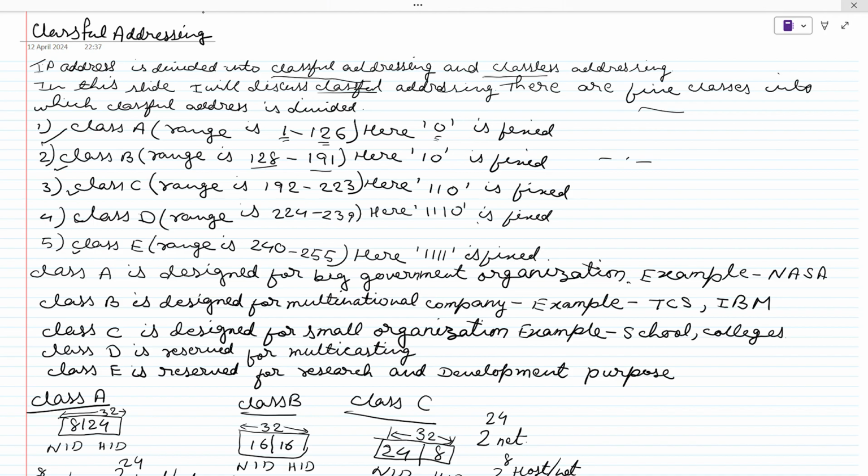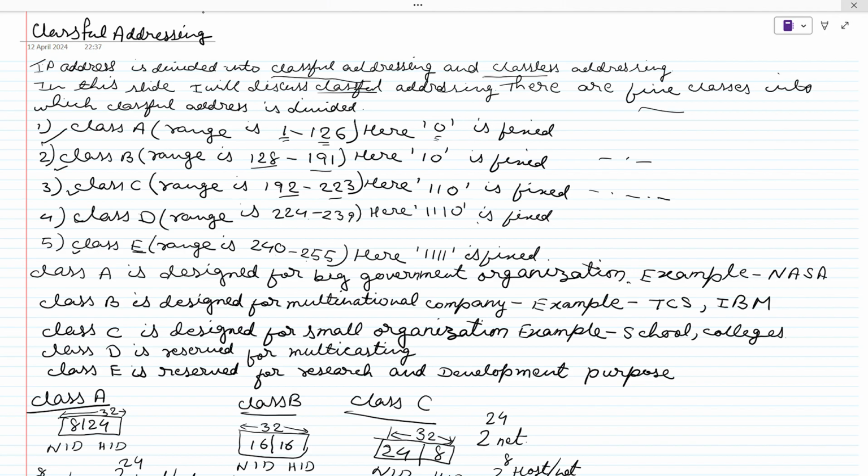Same way, class C IP address range is from 192 to 223, and if the first octet is within this range, then we call this a class C address. And above that, between 224 and 239, it is class D, and above 239, that is 240 to 255, IP addresses in this range belong to class E.